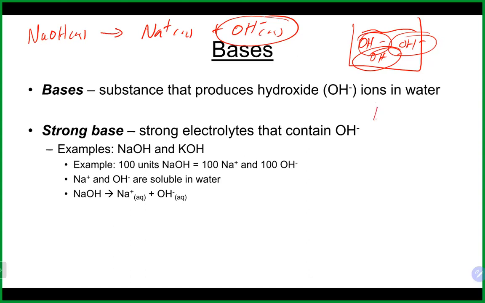Pretty much group 1 and group 2 on our periodic table. Right around here, coming down to where potassium is, hang a right and then go down. Any of those guys there with hydroxide in group 1 and 2 on the periodic table are pretty much where our strong bases come from. Things like sodium hydroxide, potassium hydroxide, calcium hydroxide. That's because group 1 is the alkali metals. Group 2 is the alkaline earth metals.